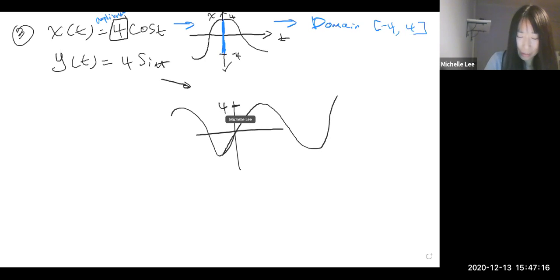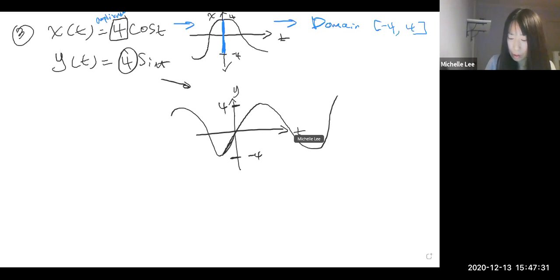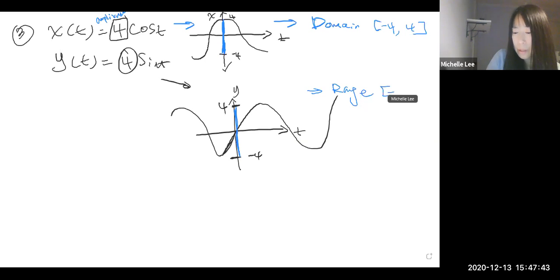In this case it's 4, in this case it's -4, right? That is the amplitude again. So this is the y-axis, this is the t-axis, all right? So then we read the y interval here and there, right? Then the range will be the same, from -4 to 4, okay?